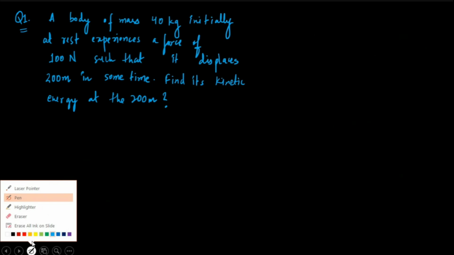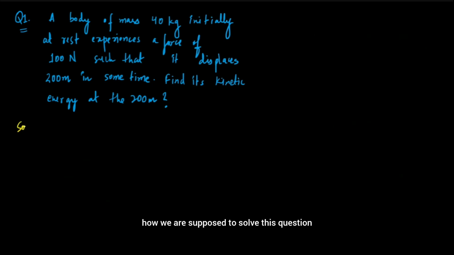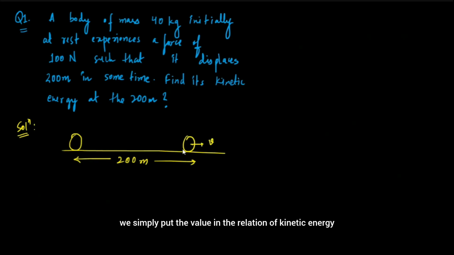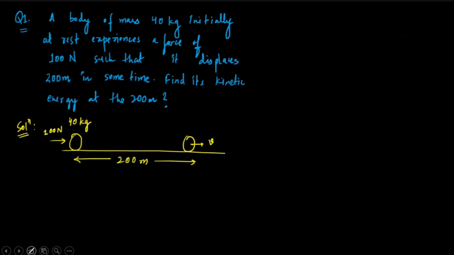So how are we supposed to solve this question? First of all, we have to find the velocity of the body when it has moved 200 meters. Whatever velocity we have, we simply put the value in the relation of kinetic energy, which is half mv square, and we can have the kinetic energy at this particular point. Mass is given as 40 kg. The force acting on the system is 100 newtons. You can use equations of motion as well to find the velocity later on.